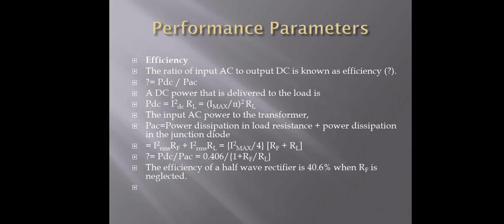The DC power delivered to the load is PDC equals I square DC into RL. The AC power PAC is the power dissipation in the load resistance plus the power dissipation in the junction diodes. Then the efficiency of the half wave rectifier is 40.6% when RF, the diode forward resistance, is neglected.